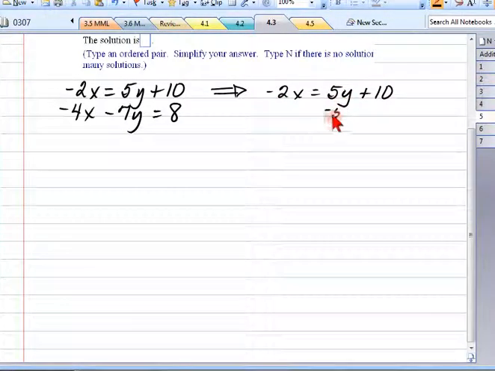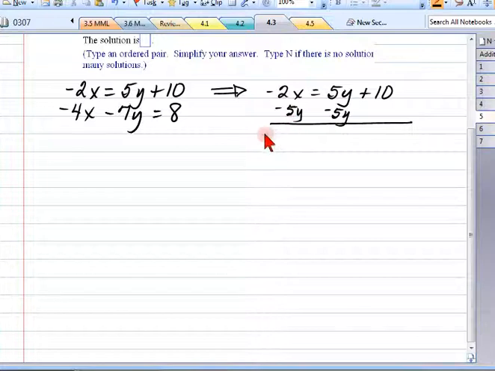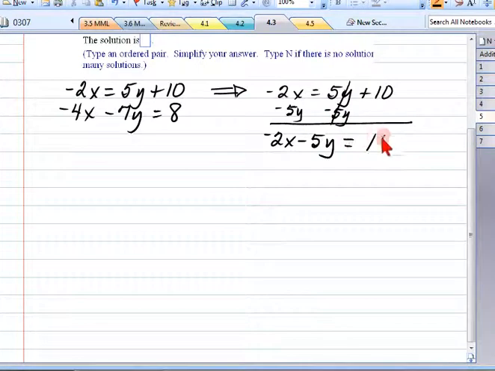And I was waiting for you to look at it a little more carefully and see that I needed to subtract 5y. That would leave me, those are not like terms, so I'll just line them up. Negative 2x minus 5y, gone, equal sign 10. Many of you are at the stage where you could have looked at this original problem and said, oh yeah, I just need to move the 5y over here and it'll become negative.